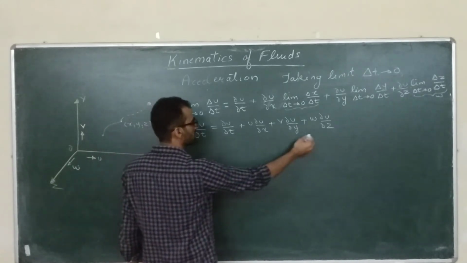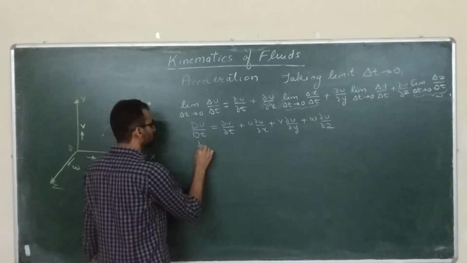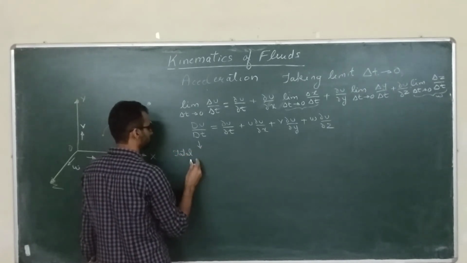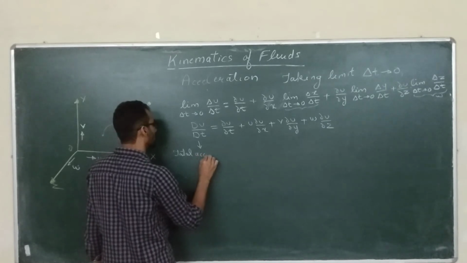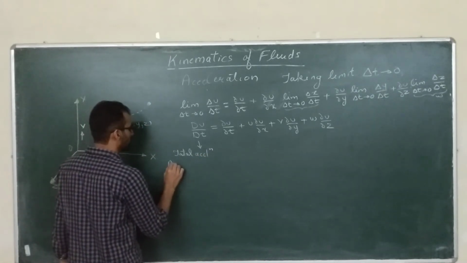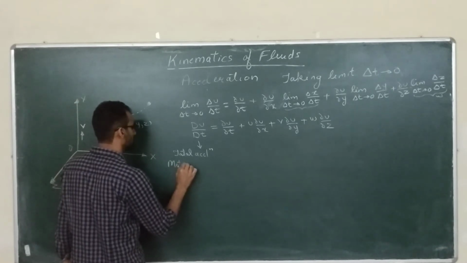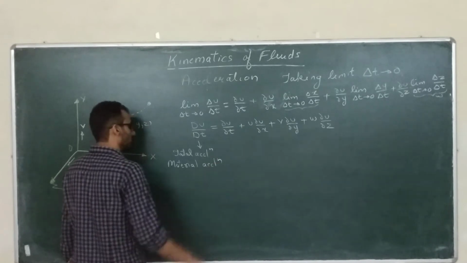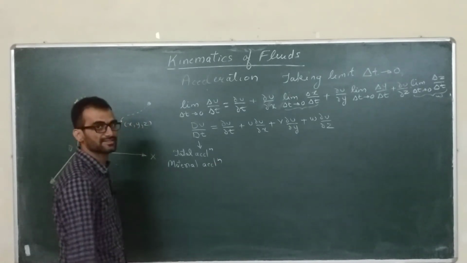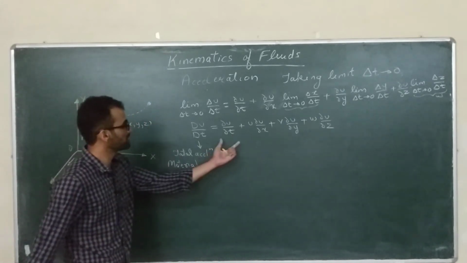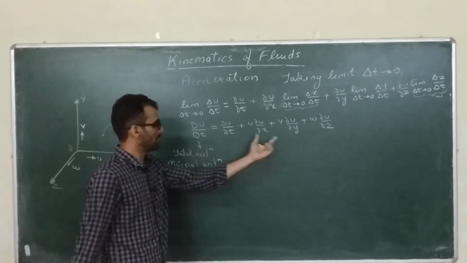So what is the meaning of these terms? Basically this is called the total acceleration, or it is also called the material acceleration, or the substantial acceleration. Now think about these terms. Basically there are two types of terms.